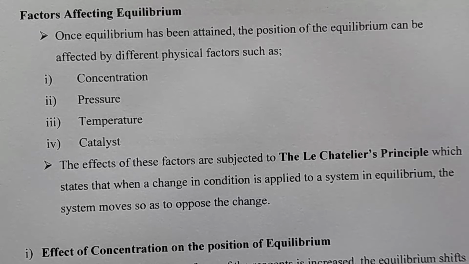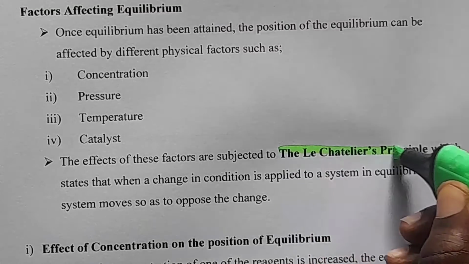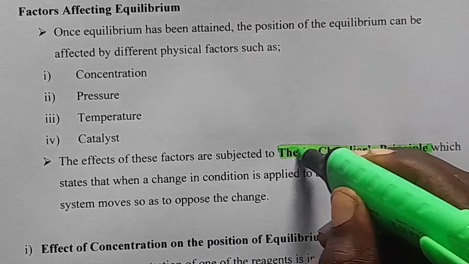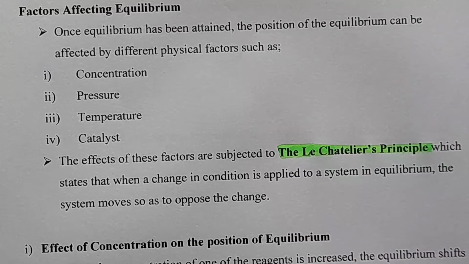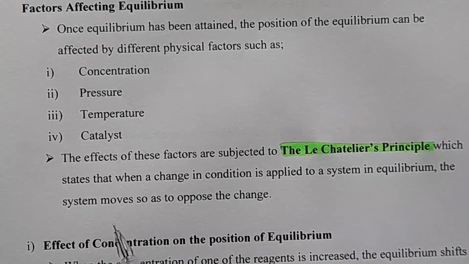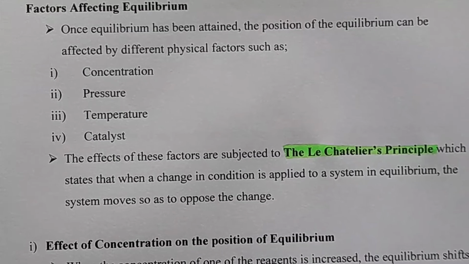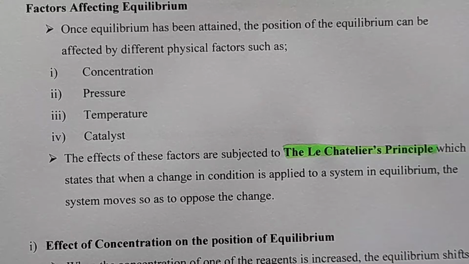So we are saying the effect of these factors are subjected to the Le Chatelier's principle. The Le Chatelier's principle states that when a change in condition is applied to a system in equilibrium, the system moves so as to oppose the change. So during the exam, you can be told to state the Le Chatelier's principle.